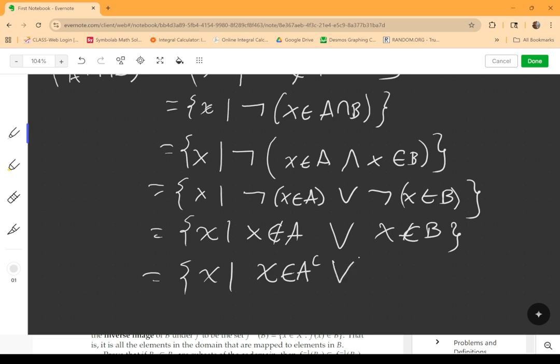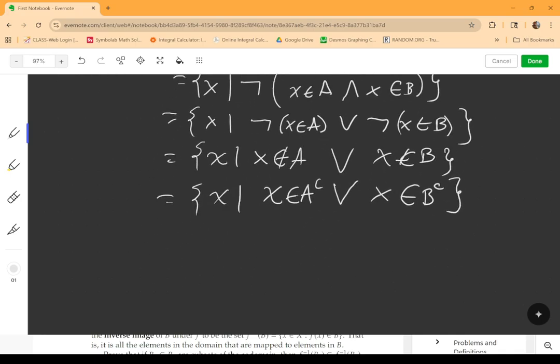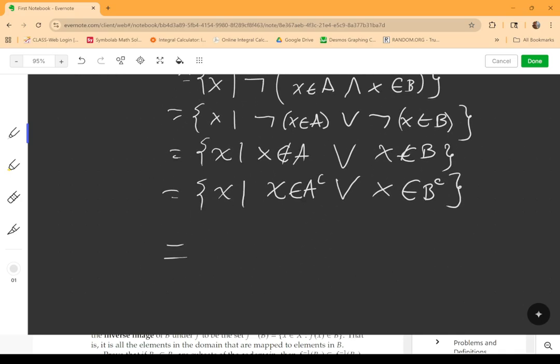And if it's not in B, then it's an element of the complement. And we have our desired result here, right? So x is an element of the complement of A or the complement of B. So that's the complement of A intersection B.